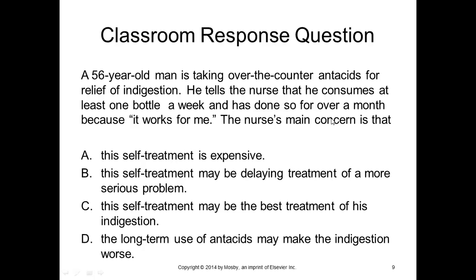So the nurse's main concern is about what? So this self-treatment is expensive. This self-treatment may delay the treatment of a more serious problem. This self-treatment may be the best treatment of the indigestion, and long-term use of antacid may make the indigestion worse.